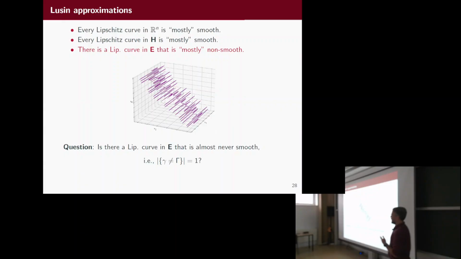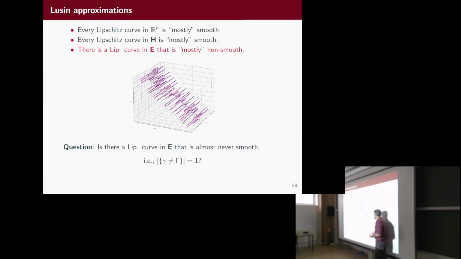I'm kidding. Is there a Lipschitz curve that is almost never smooth? What this example shows is that no matter what smallness you pick, I can always create a picture like this, or Gareth can always create a picture like this, that differs from a smooth curve up to a set of measure epsilon.